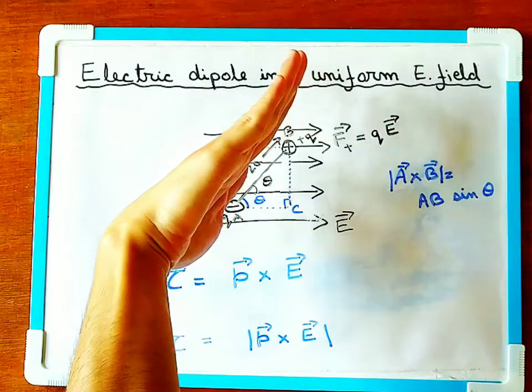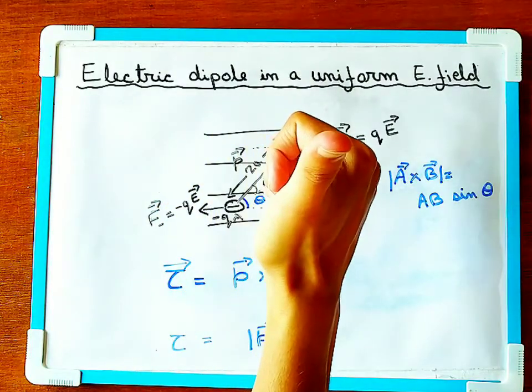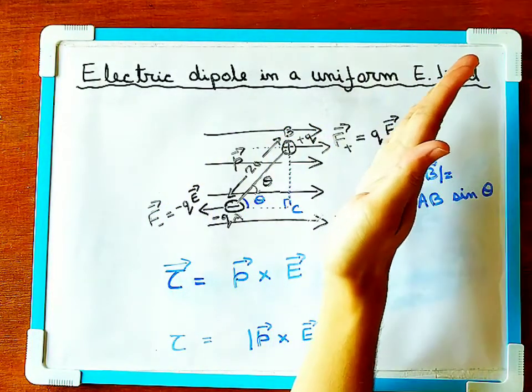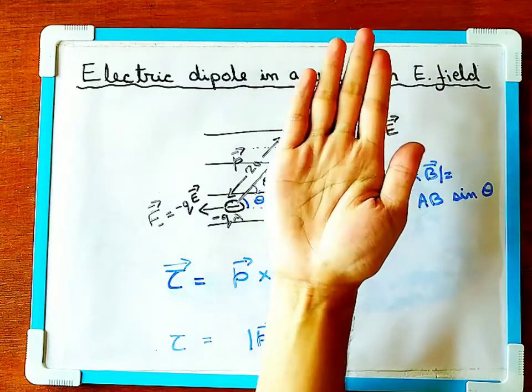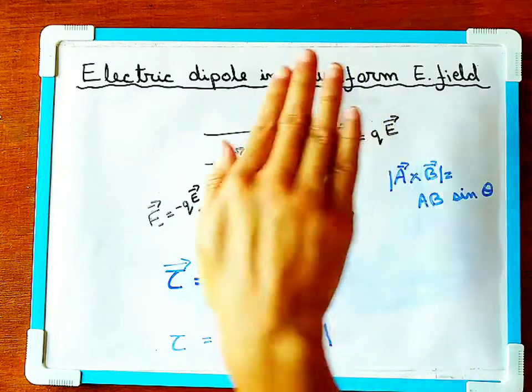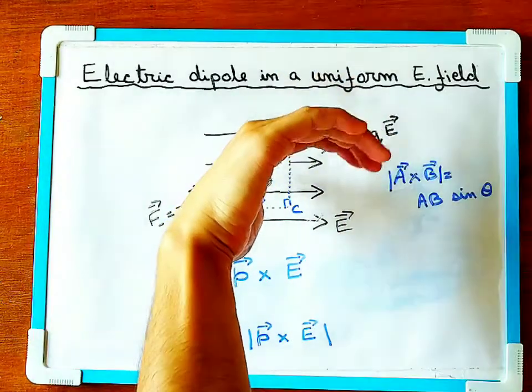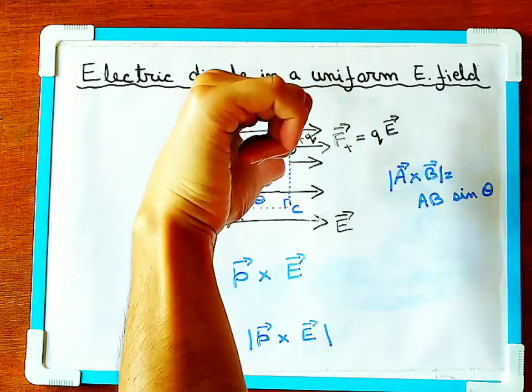So your P is in this direction, cross E, and you extend your thumb as you curl your fingers, like this. So here we have P, then cross E, and my thumb is extended downwards.